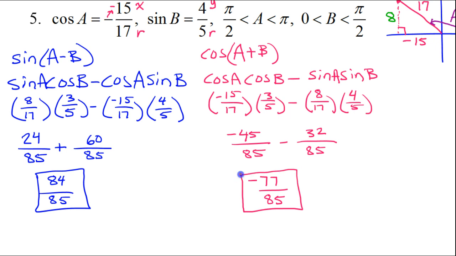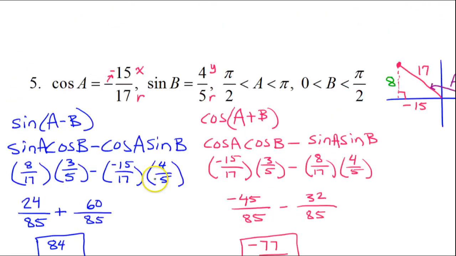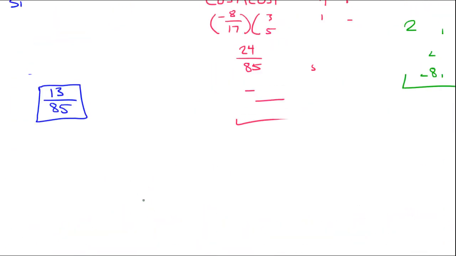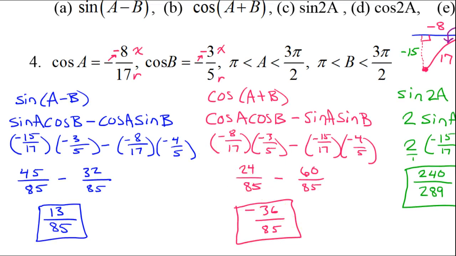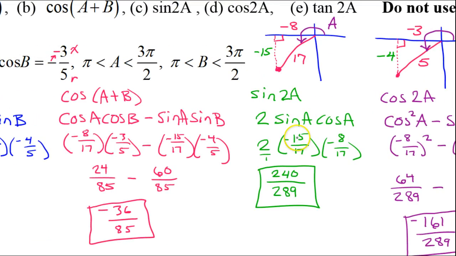So that's it. That is the cosine of A plus B. Okay, what's next? Alright, looks like next we are supposed to find the sine of 2A.